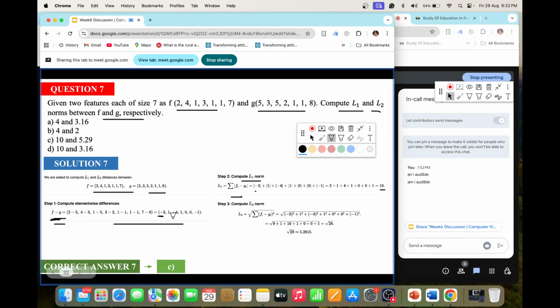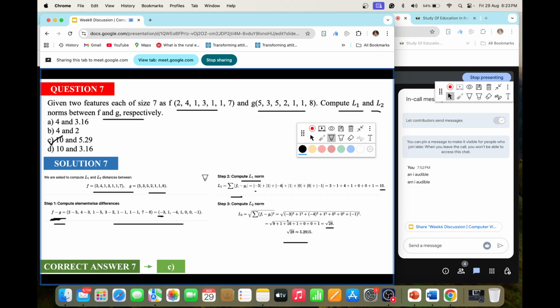Fi minus gi is given as -3, so fi minus gi square will be -3 square. Similarly, this will be 1 square, this will be -4 square, this will be 1 square, like that. By this you can get the L2. Once you take the root, 28 is coming, that is 5.29. So your answer is C.